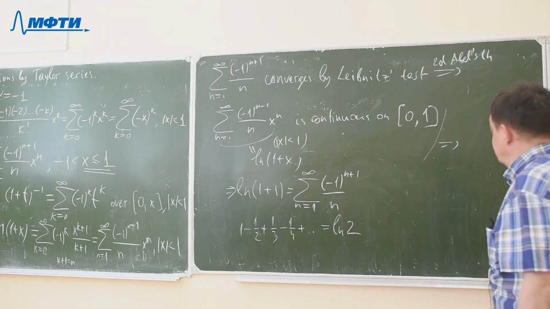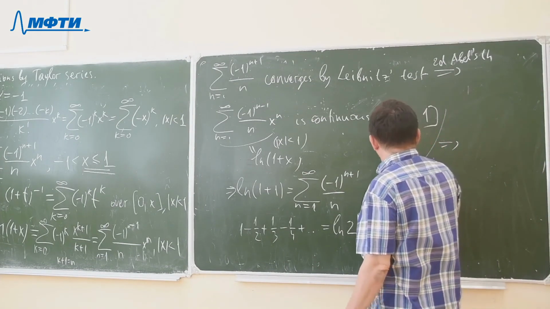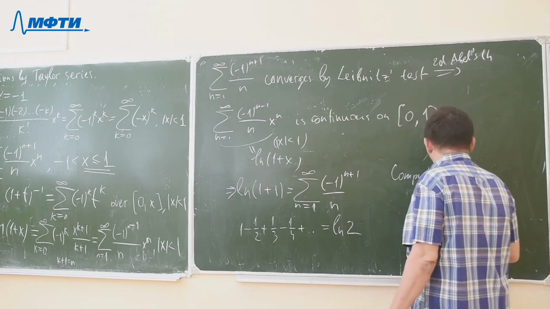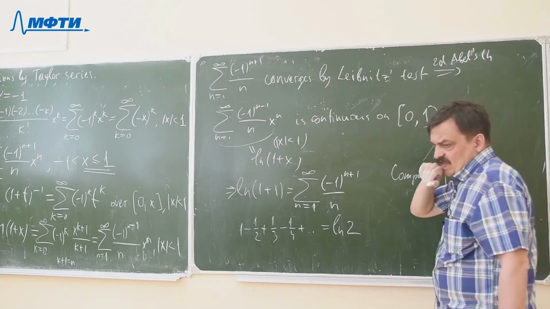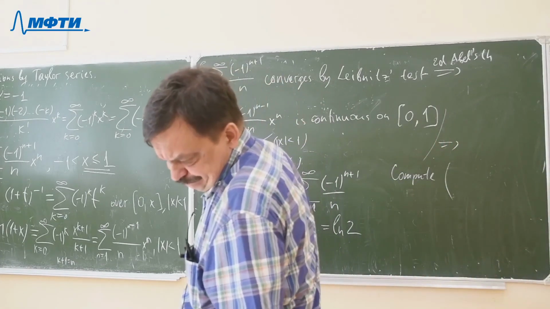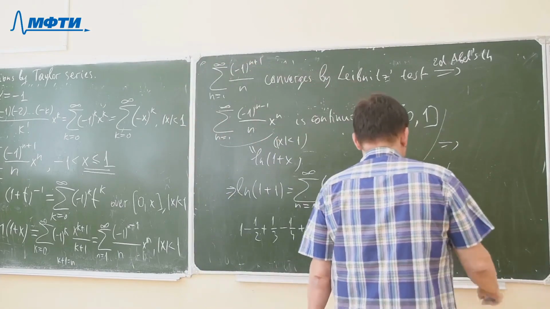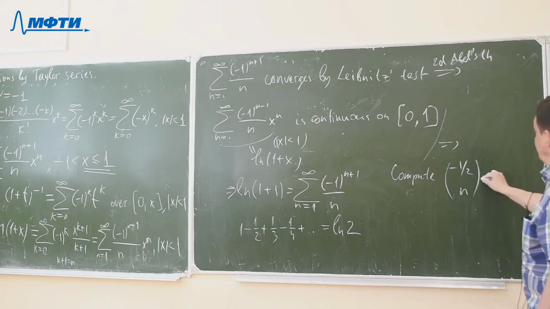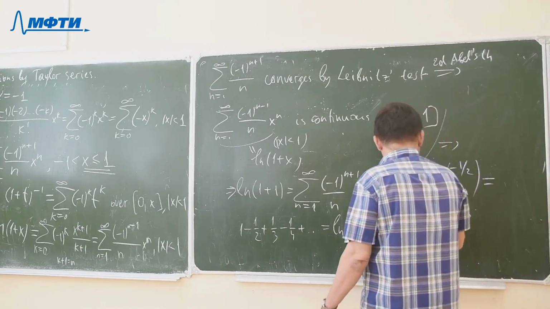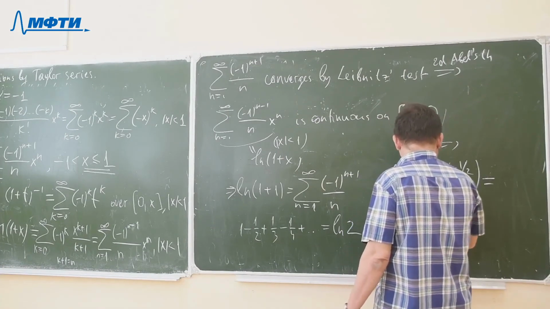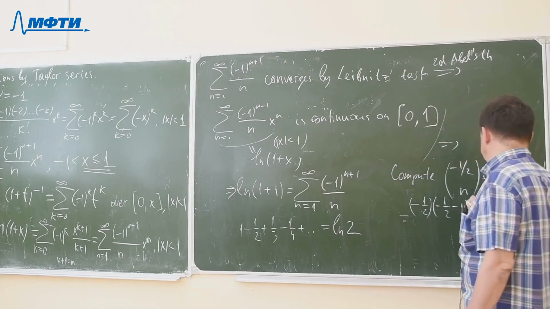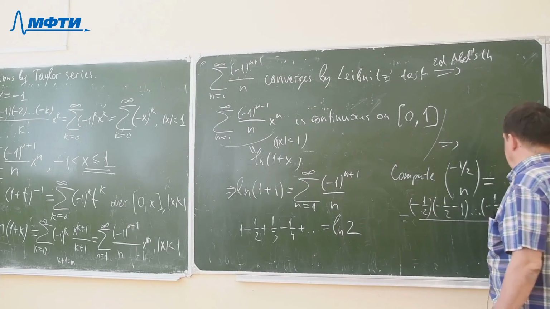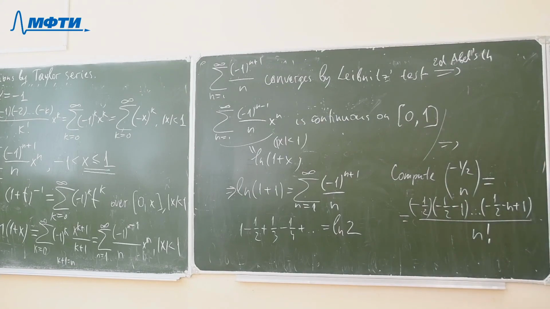Maybe to finish with, let's compute the binomial coefficients with 1/2, minus 1/2 over n, because we'll meet them later, so I want to compute them now. So what is it?